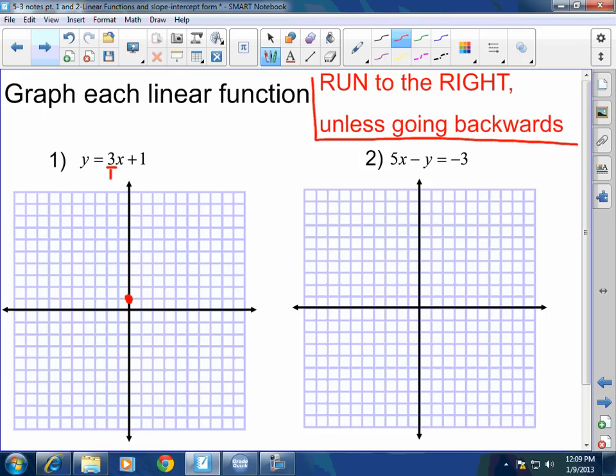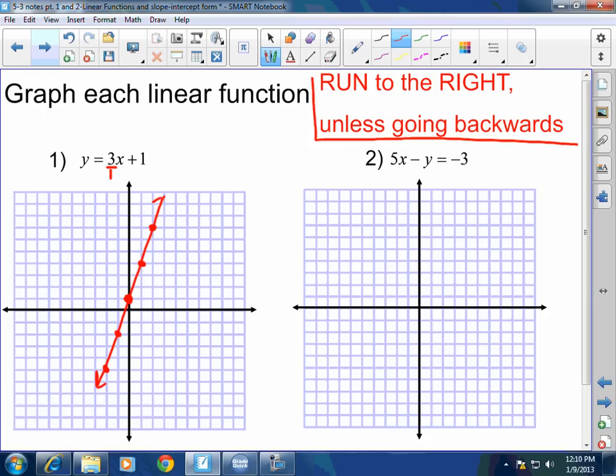So from this y-intercept, I'm going to go up 1, 2, 3, and run 1 to the right. Then go up 1, 2, 3, run 1 to the right. Now let's go backwards. Go down from the y-intercept, down 1, 2, 3, 1 to the left. Down 1, 2, 3, 1 to the left. And you have your graph.